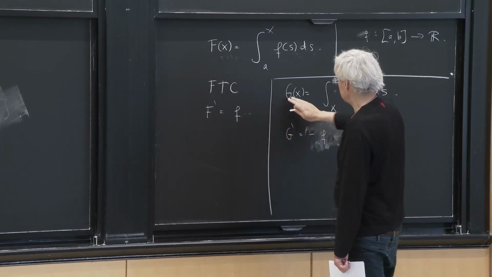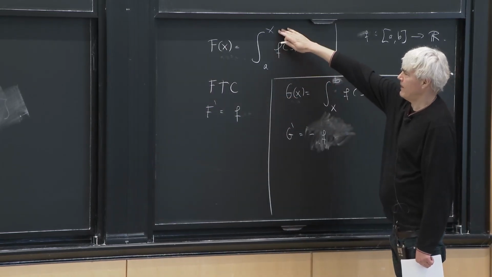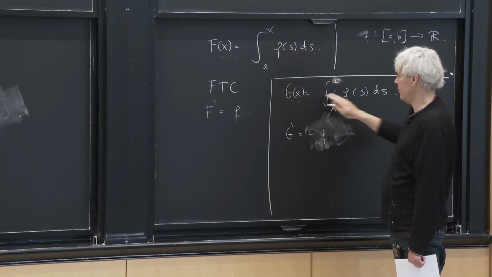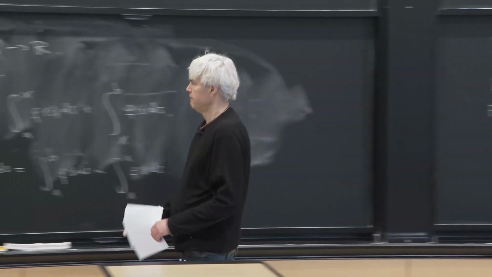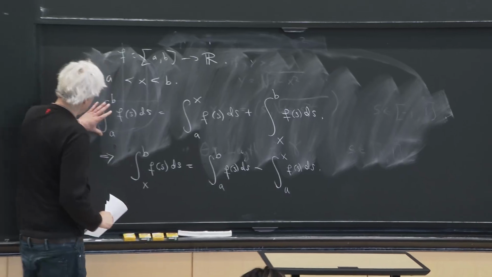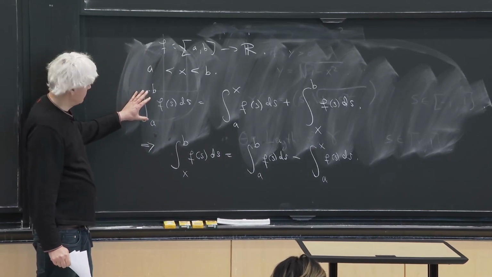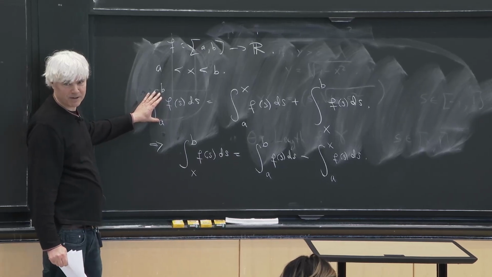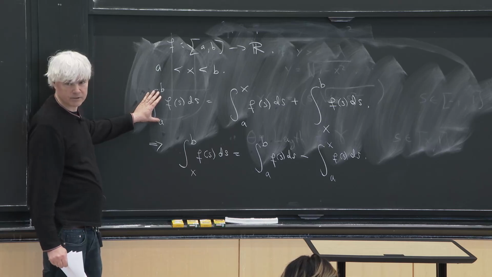I'm just asking, suppose the variable was not up here, but down here. What is the derivative? To figure that out, I'm using that if I integrate over the whole interval, a and b are fixed, so this is just some number, probably not 0 in general, but some constant.